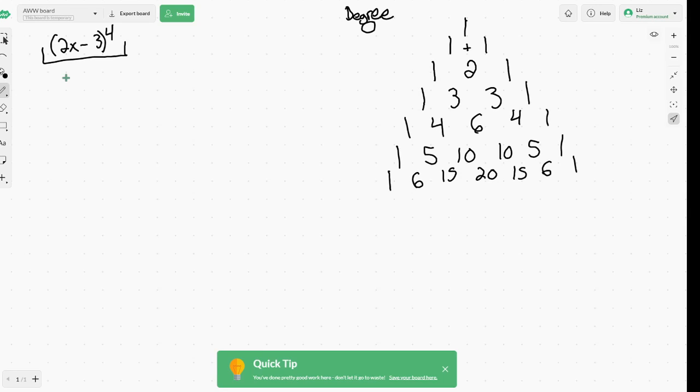So 0 is going to be your top, and then you go down 1, 2, 3, 4, 5, and 6. So these are the degrees here.